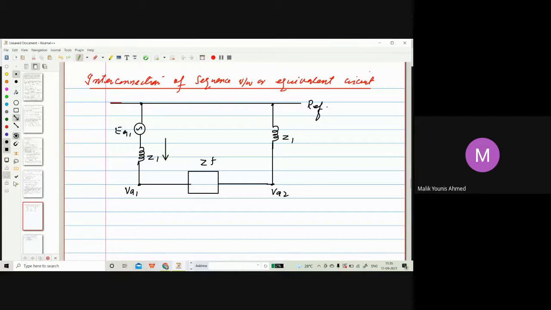This is the direction of the positive sequence, and this is the direction of the negative sequence. So this is IA1, this is IA2, sorry, this is IA1 here, in the same direction. So this is the interconnection of the sequence networks.